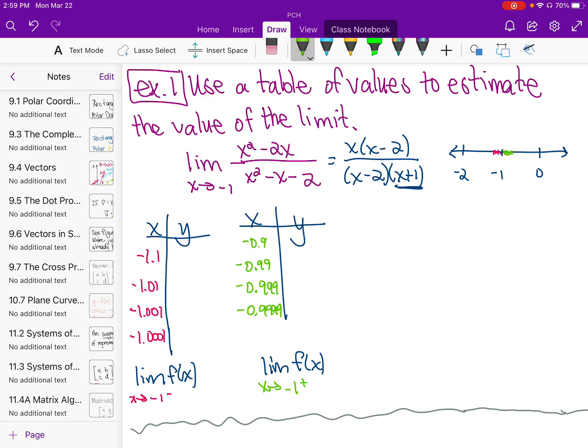That way, when you go to table, which is the graph key in the very top right, so second graph, you can type in these x values, which I'm doing right now.